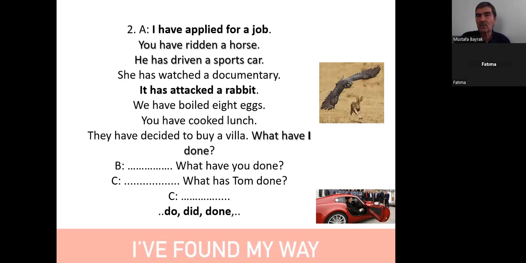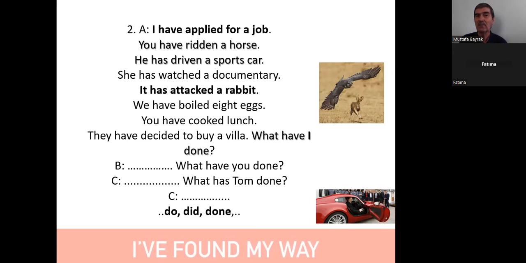Okay, the rein of the horse. Okay. He has driven a sports car. Look at him, please. He has driven. Drive, drove, driven. He has driven a sports car, but he is still in the sports car.